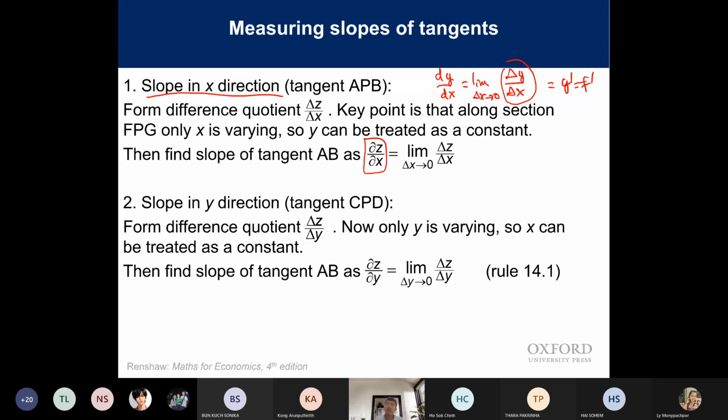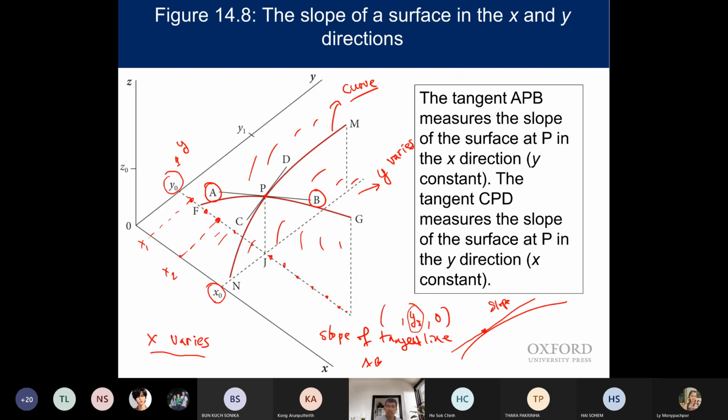So likewise, we want to measure the slope in x direction, or the slope of the tangent AB at the point P.